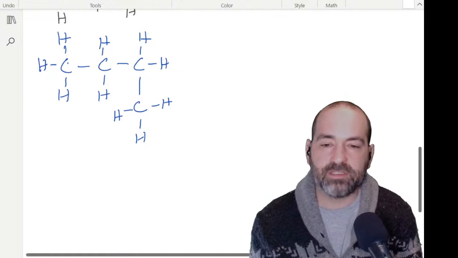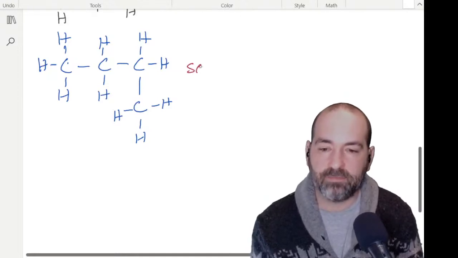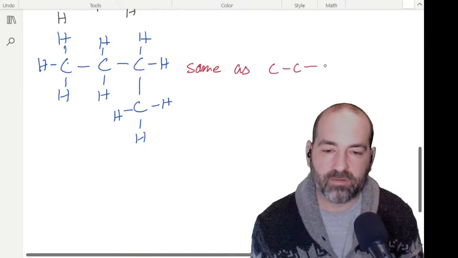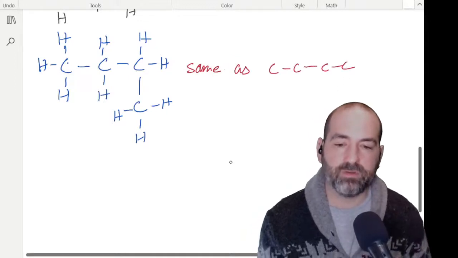So as it turns out, this is actually the same as the straight line one that we drew earlier.